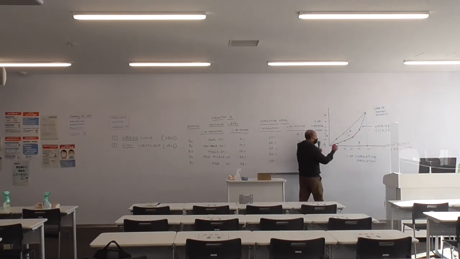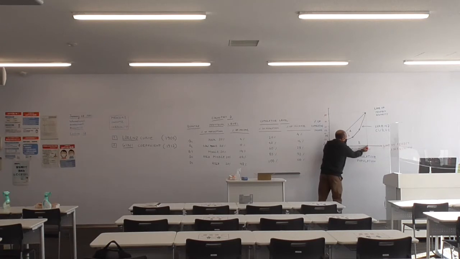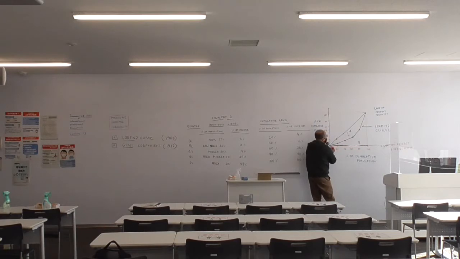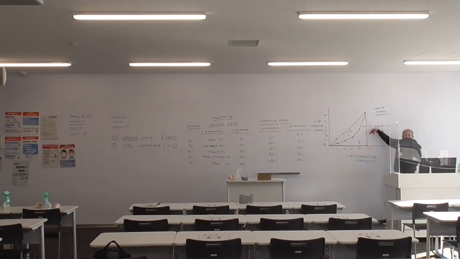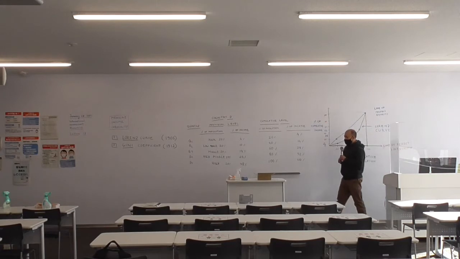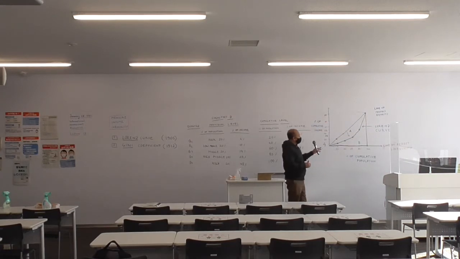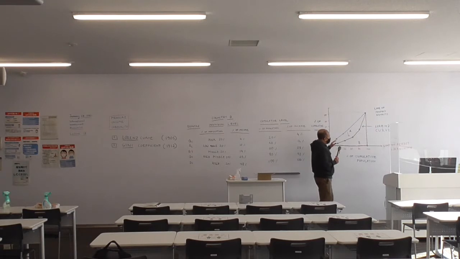All the people up to 99% of the population have nothing, zero income, and then the last person has all the income. So the country's curve will be like this, consisting of two lines. Thank you, so this is not a curve, it's a kink. We'll find this kind of kink due to a very unequal income distribution.